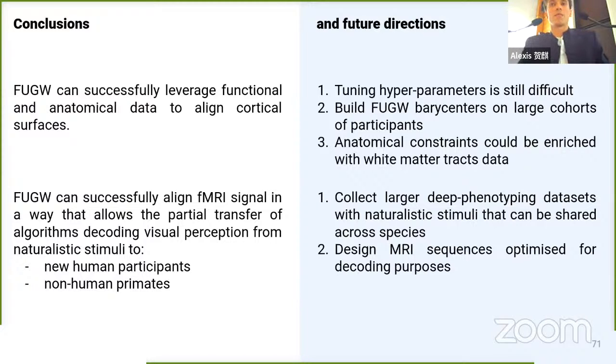And lastly, I think maybe one of the most open questions thus far is on the side of MRI sequences, which are at the moment not optimized for decoding purposes. And I think tweaking this in a way that would increase temporal resolution could be an interesting venue.